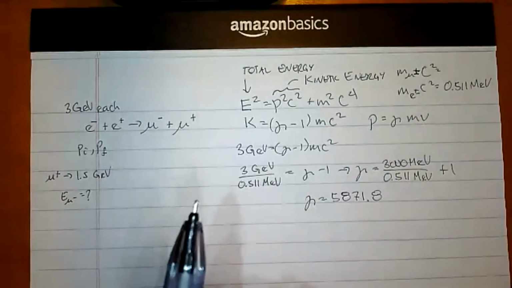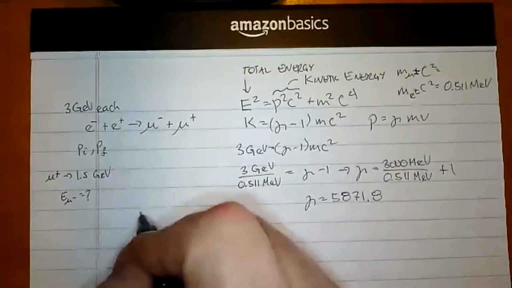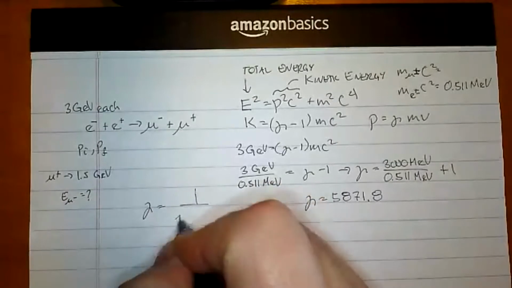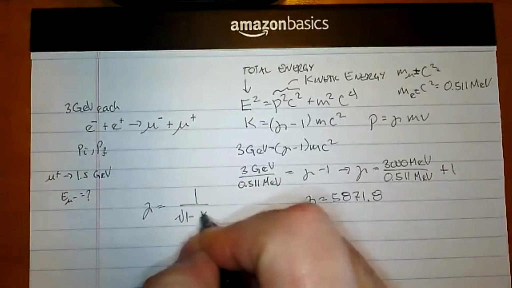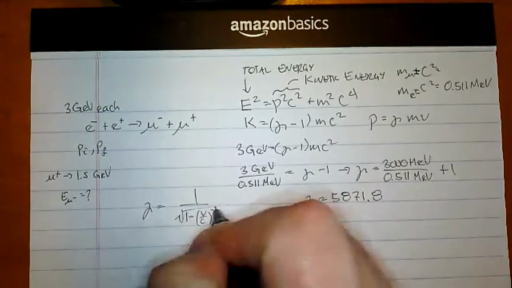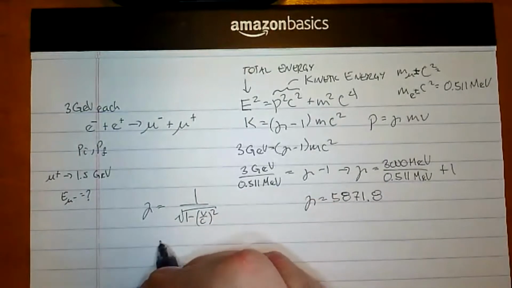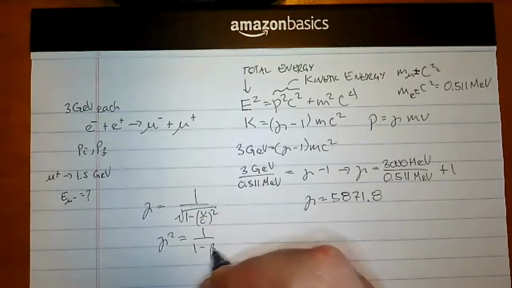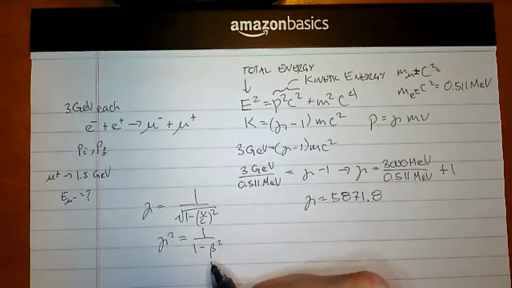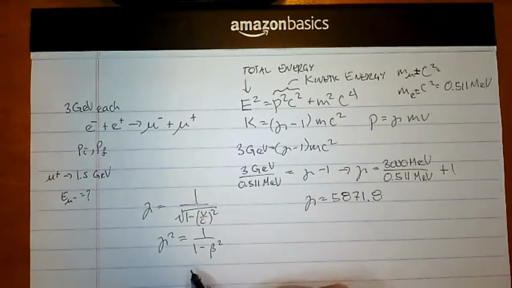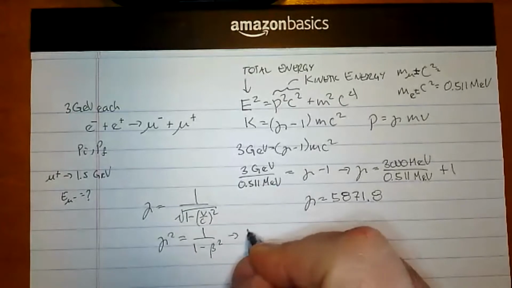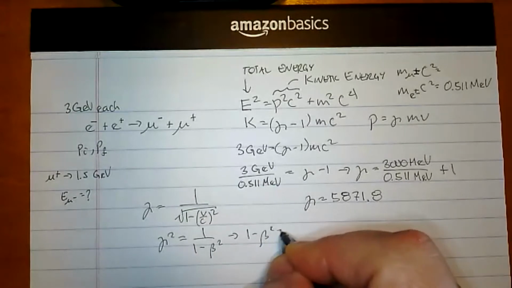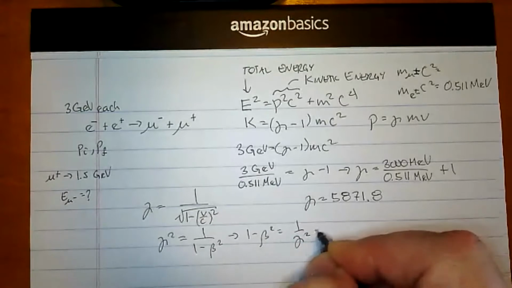And of course, we could also use that since we know gamma is equal to 1 over the square root of 1 minus v over c squared. So we can square both sides, gamma squared is equal to 1 over 1 minus beta squared. Remember, v over c is just beta, so it's easier to write beta. So now 1 minus beta squared is equal to 1 over gamma squared.